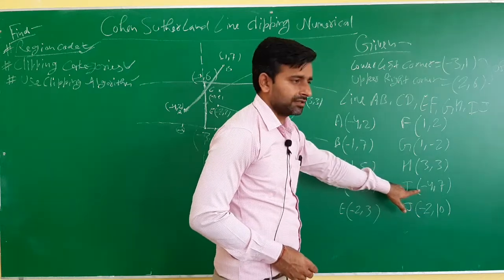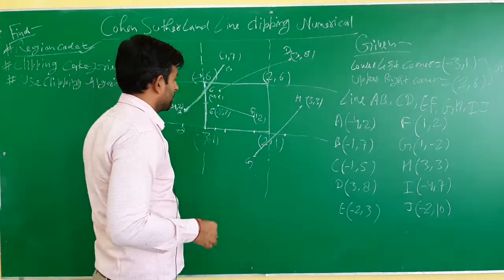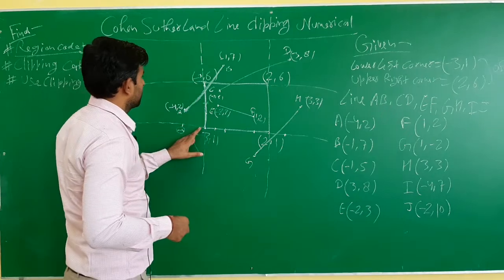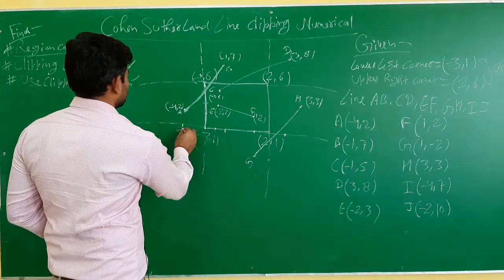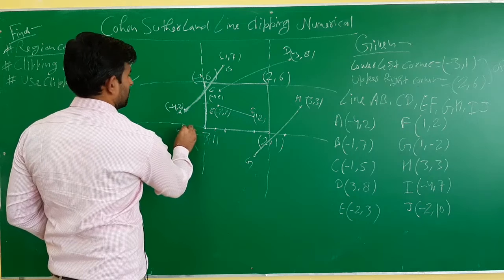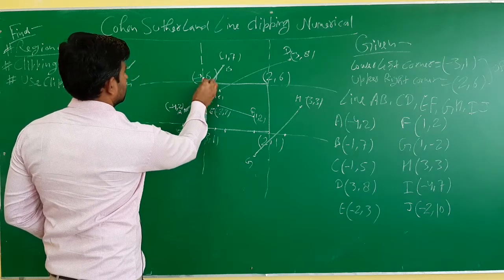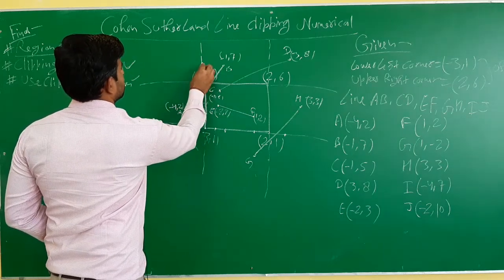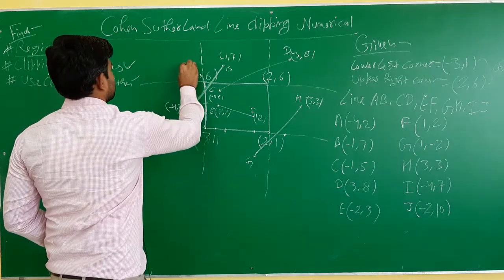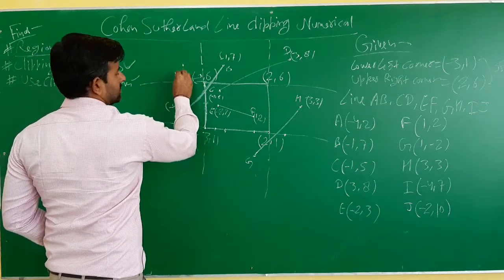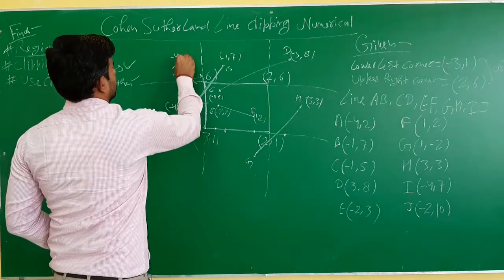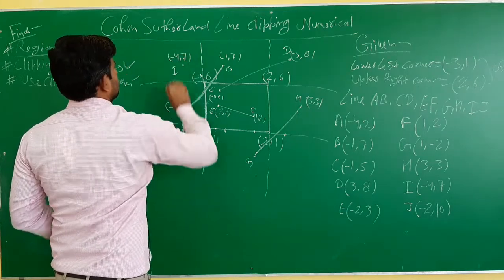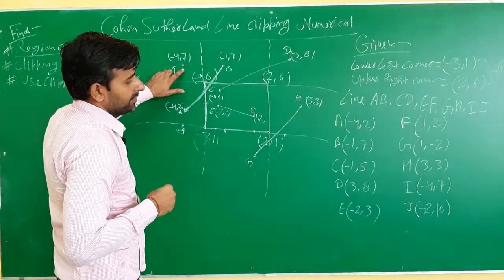Next we have IJ. I is -4, 7. This point is -4 and 7, 7 like here. These are the coordinates of the I point.